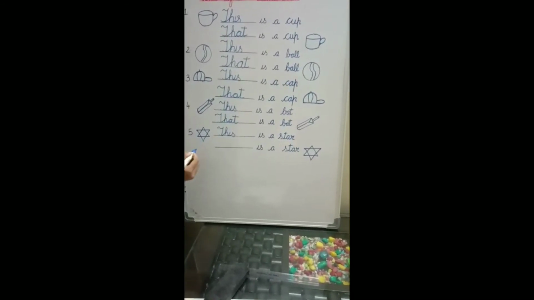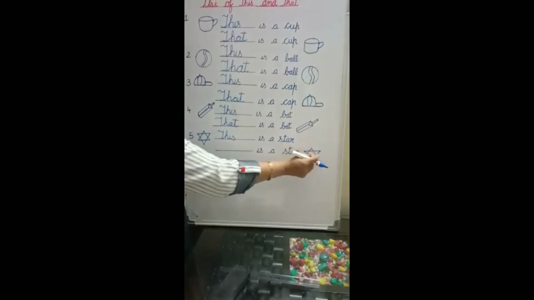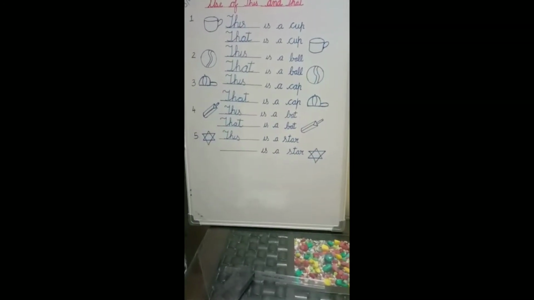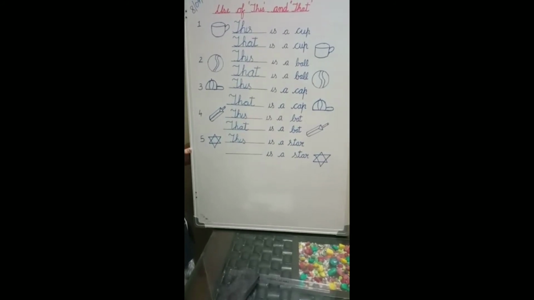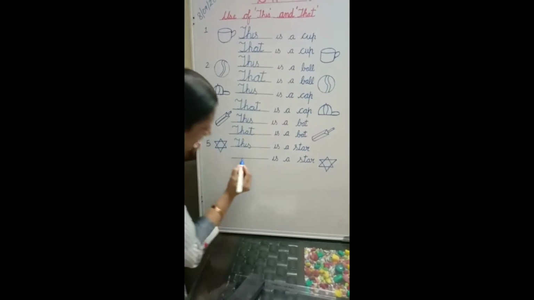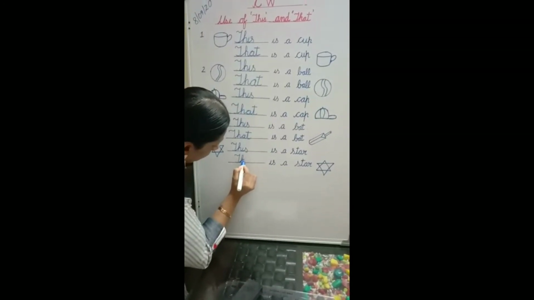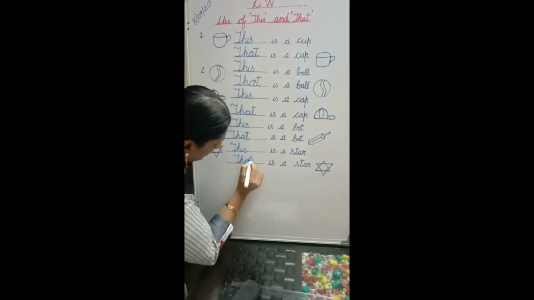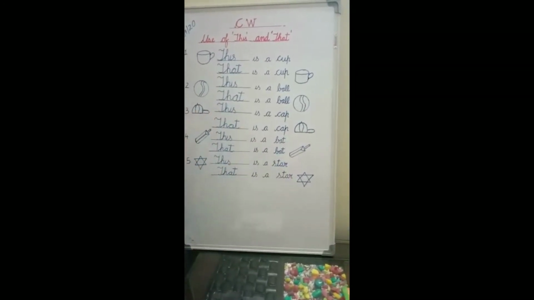Star. Okay. Now the star is very far away from us. When an object is far away, what are we supposed to write there? We are supposed to write that. That is a star.